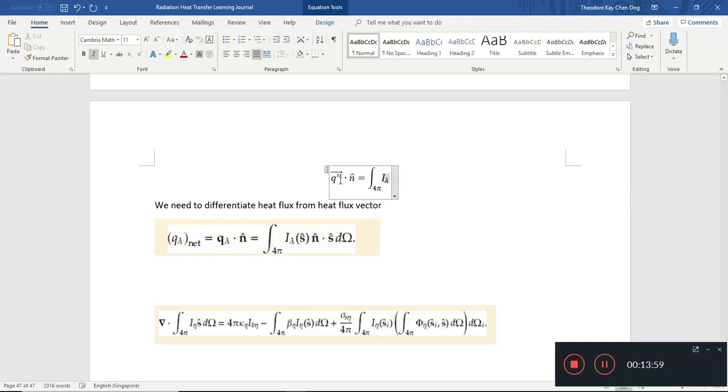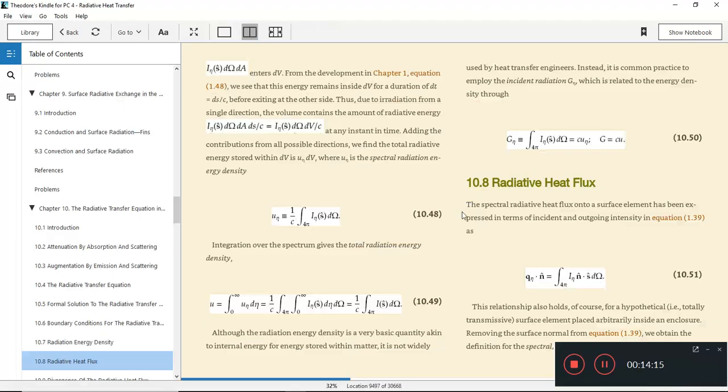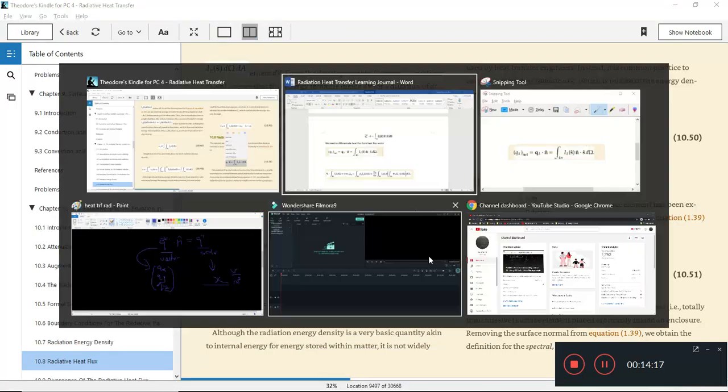Okay, so this is a Q lambda, not just any kind of heat flux. s hat, n hat dot s hat d omega, right? That is exactly what we are having here.